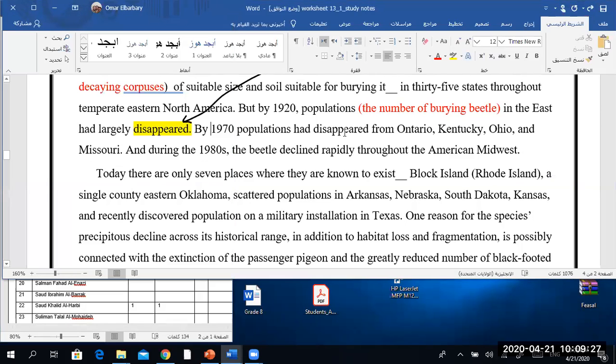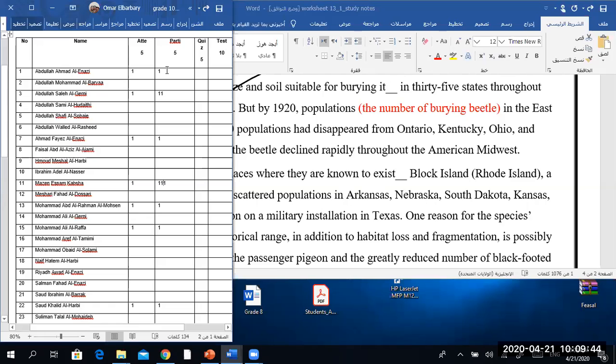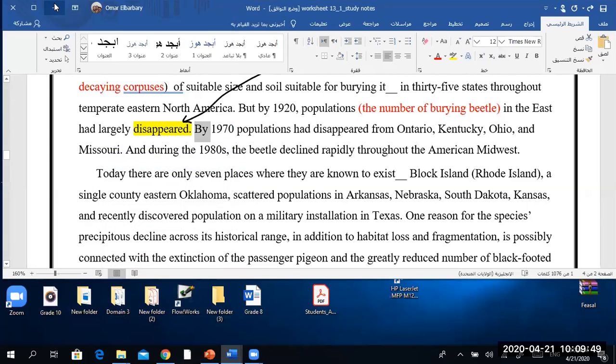Okay. So, any idea about the meaning of the word "by"? We said it here, we use it here, and we are using it again here. Nobody? Have a go, boys. 1970, Sir? Yes, Abdullah. This, the event that happened in this year. So can you give me another word for the word "by"?